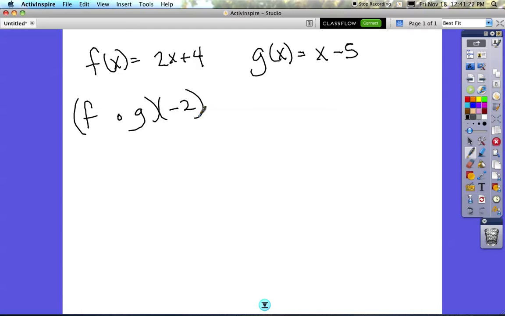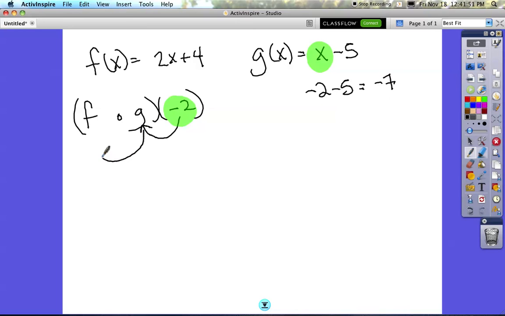Okay, so what's x going to be the first time around? -2, and it's going into, work backwards, the g. So the -2 right here is going into the g right there. So I'm going to say -2 minus 5 is -7.